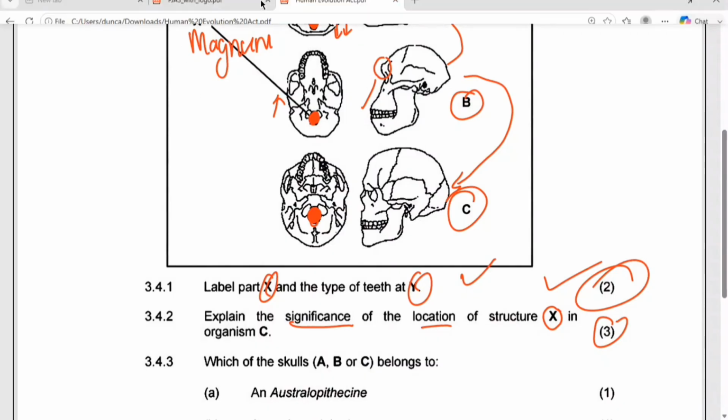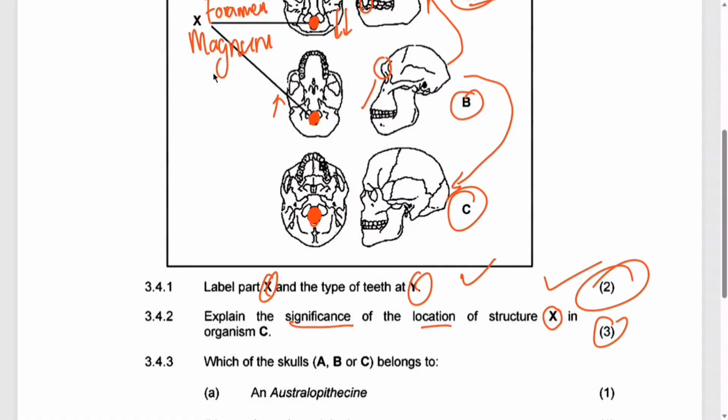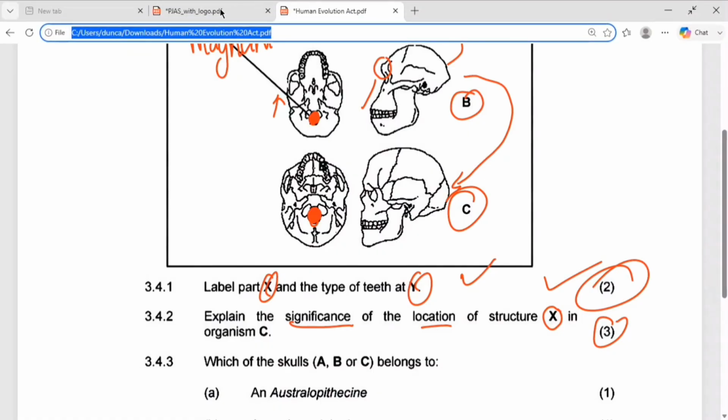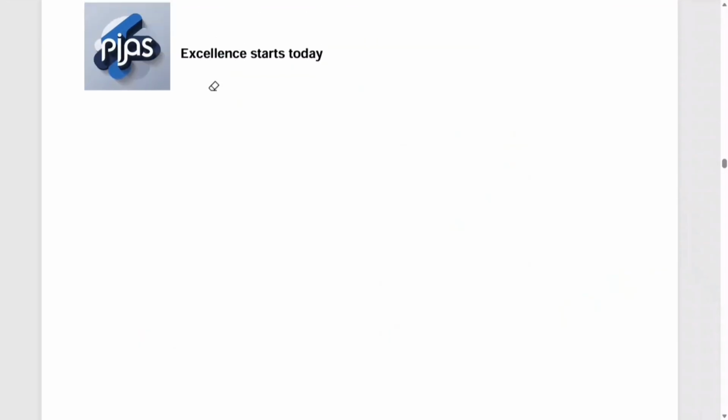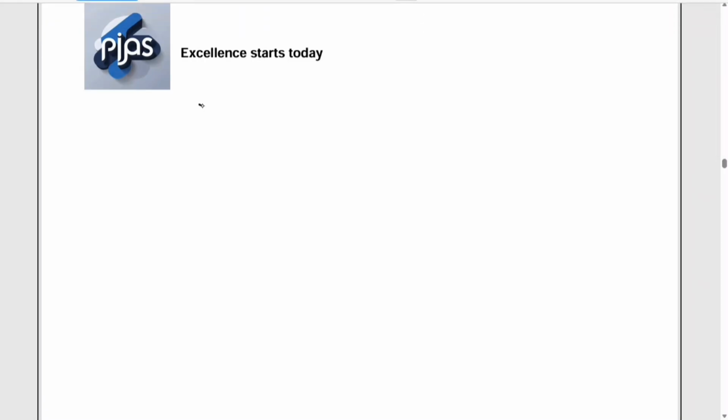So here we just say that the foramen magnum is positioned forward. You get my point? The foramen magnum is positioned forward. You see? We say that it was 3.4.2.